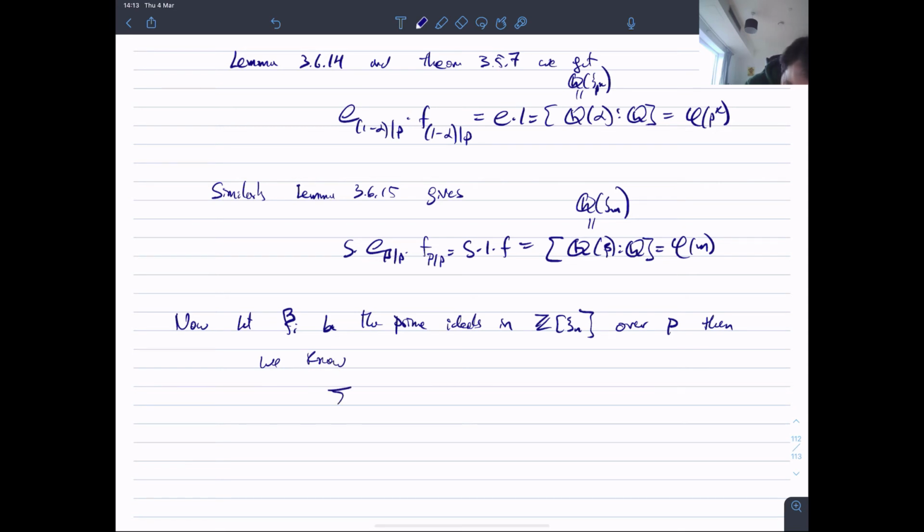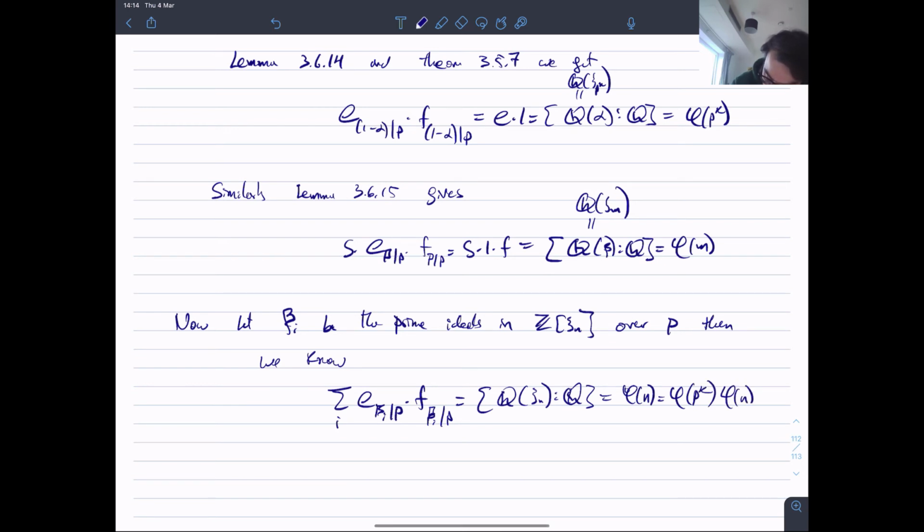We know that the sum over i, this is what theorem 3.5.7 tells me, that this β_i is over p times the product of these residue degrees. This thing is the degree of my field, which is φ(n), which in this case is the same as φ(p^k) φ(m), because m and p^k are coprime.